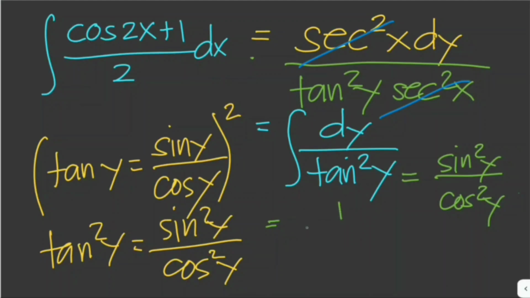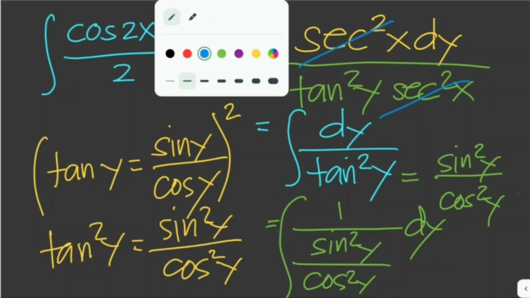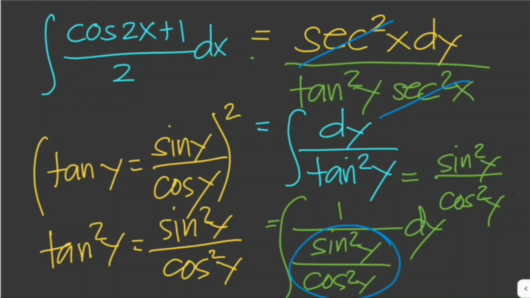But this is 1 over sine squared y over cosine squared y dy. Alright, so 1 over sine squared y over cosine squared y is just equivalent to, we just flip the denominator, then we'll get cosine squared y over sine squared y dy.